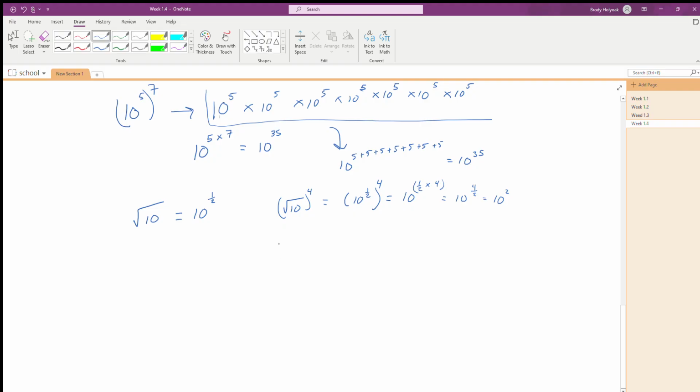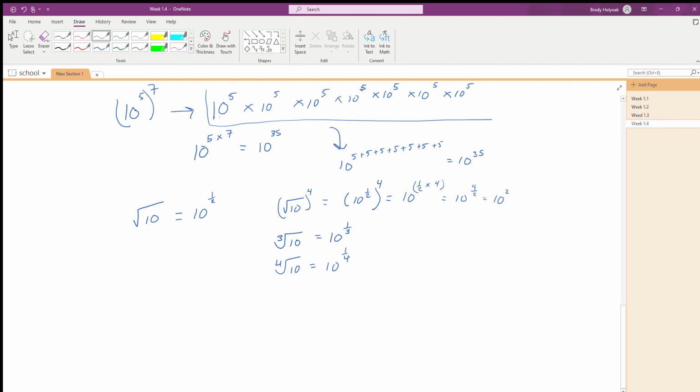Well, now what happens if we had a cube root? Cube roots are even funner than square roots. Same rules apply. If we have a cube root, it becomes 10 to the 1/3 power. The fourth root of 10 is 10 to the 1/4 power. And like I said before, now it just becomes a number.